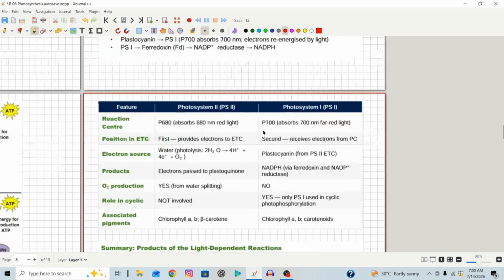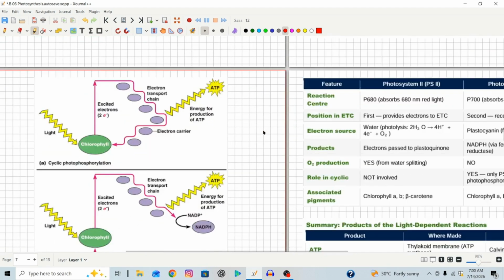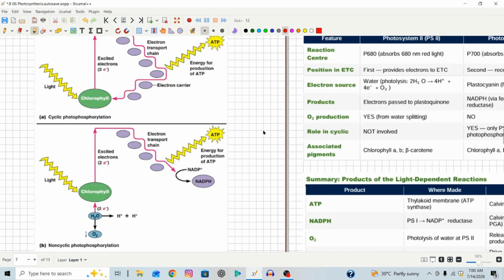Let's move on to our next topic, non-cyclic photophosphorylation and cyclic photophosphorylation.